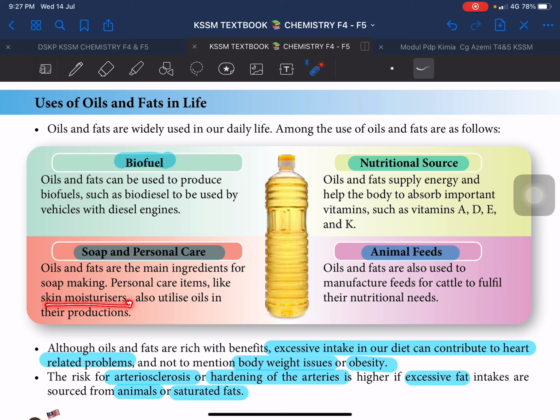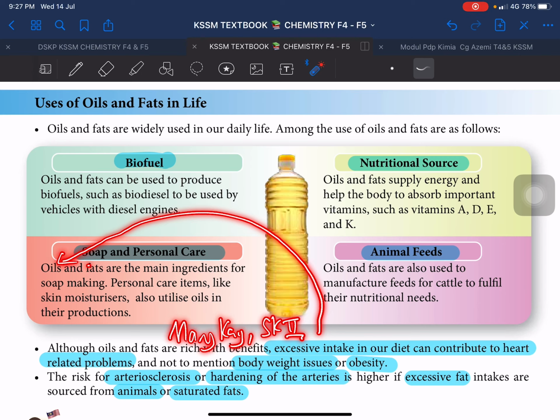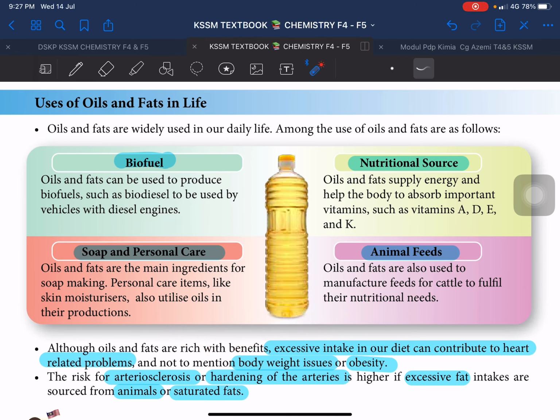Mary Kay, SK2, every cosmetic product has oils and fats. Remember that. But it is necessary, otherwise how would it moisturize the skin? Personal items like skin moisturizer utilize oils. That's why makeup cannot be wrong.